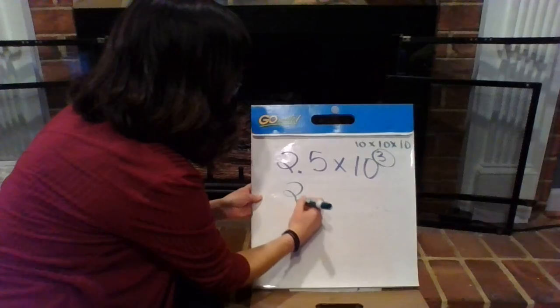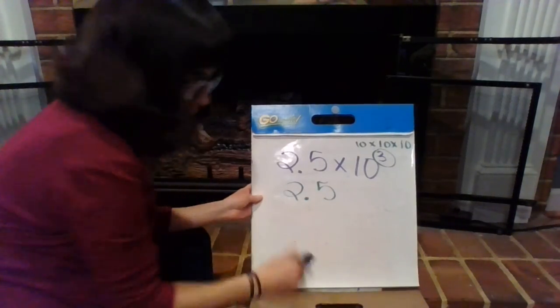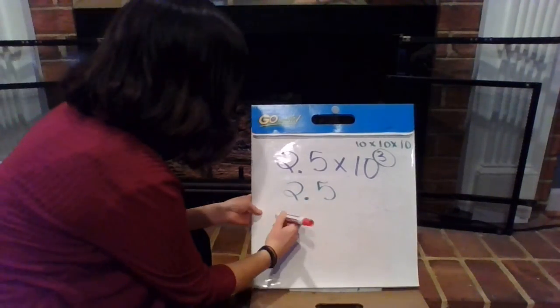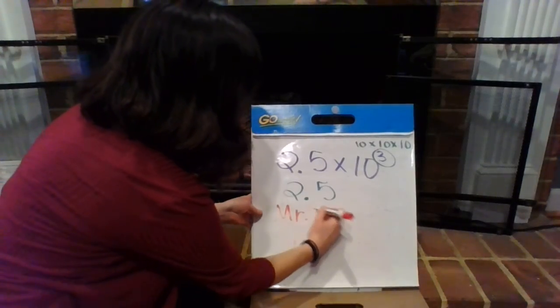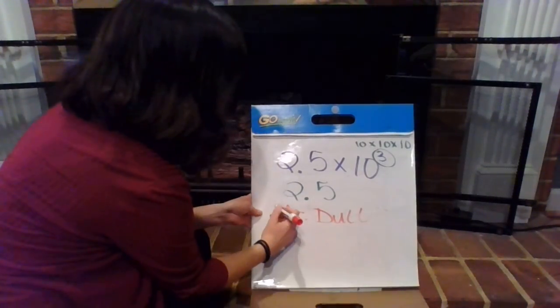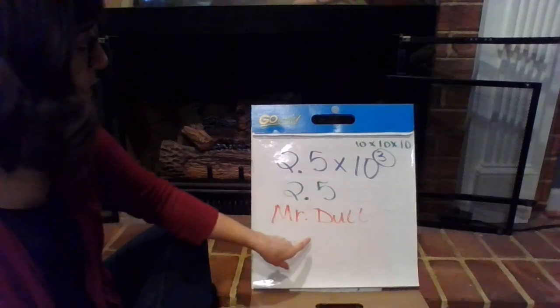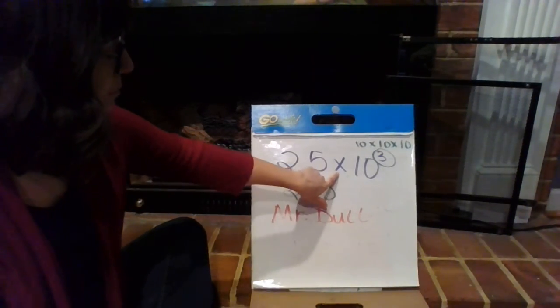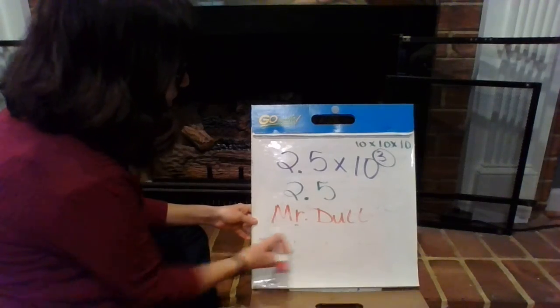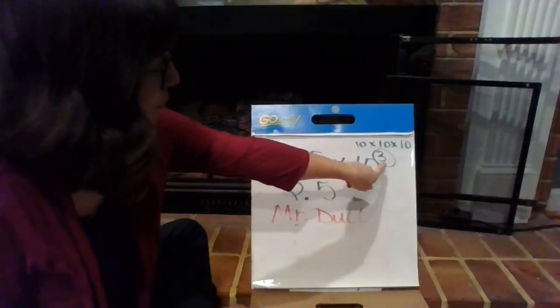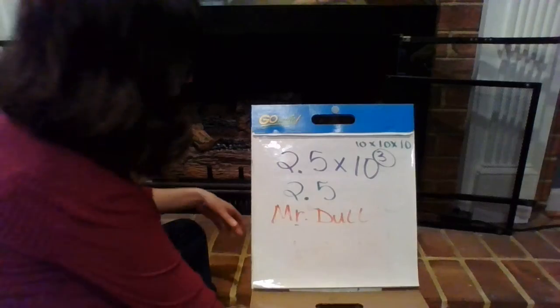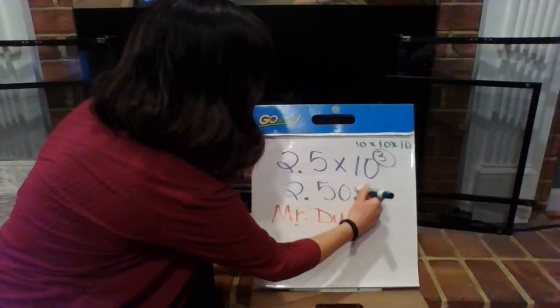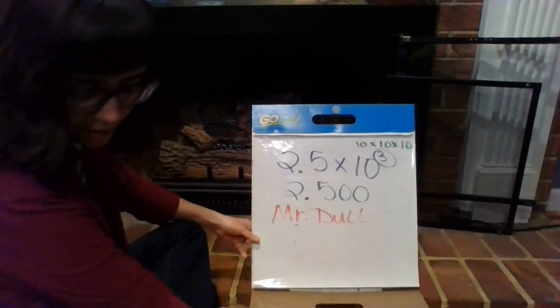So if I have my original number and I think of Mr. Dowell, we've used him a lot this year. If I think of Mr. Dowell, I am multiplying in the problem, and so my decimal is going to move to the right, and it's going to move 3 times to the right. So if I just go ahead and add some zeros, I'll stop there.